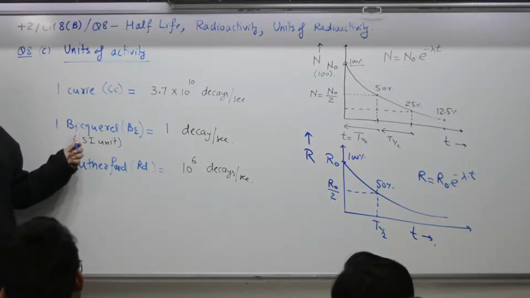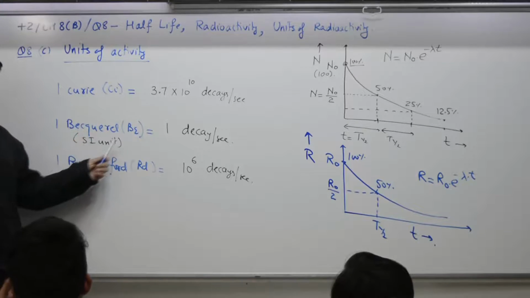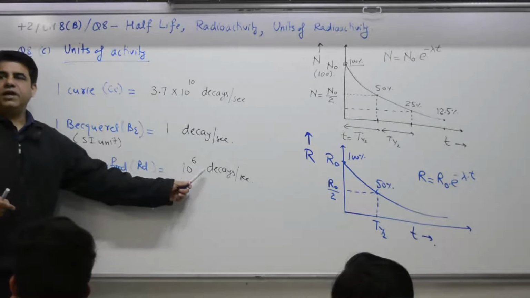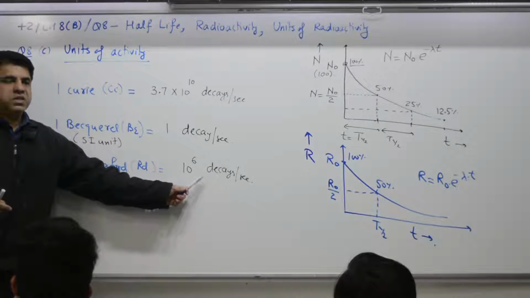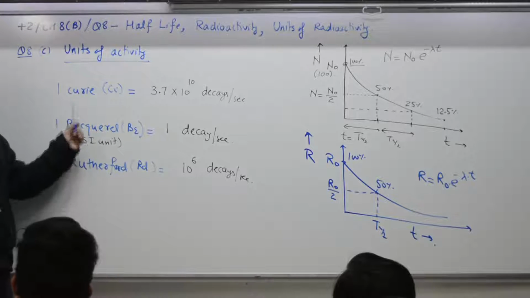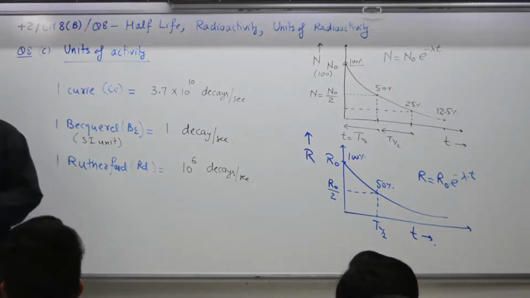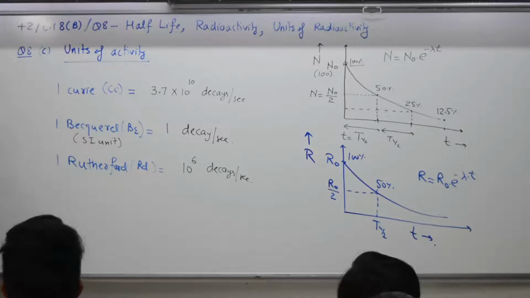If 1 nucleus decays per second, 1 decay per second, it is termed as 1 becquerel. If 1 million nuclei decay per second, 10 raised to the power 6, it is termed as Rutherford. And if this number is 3.7 times 10 to the power 10 decays per second, it is termed as 1 Curie. 1 minute to write.